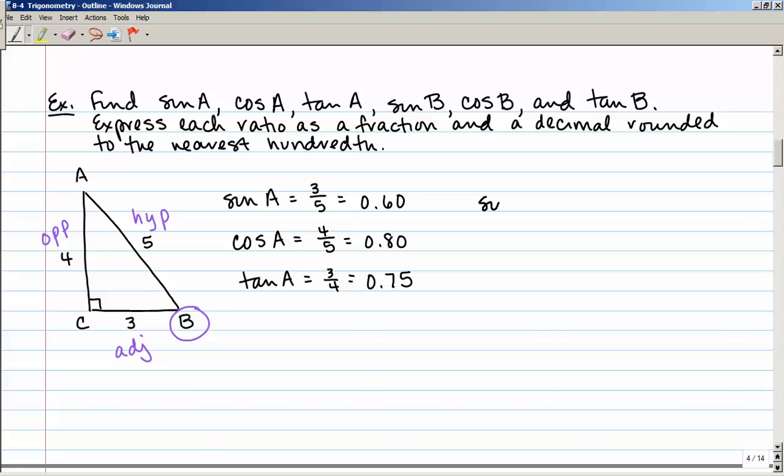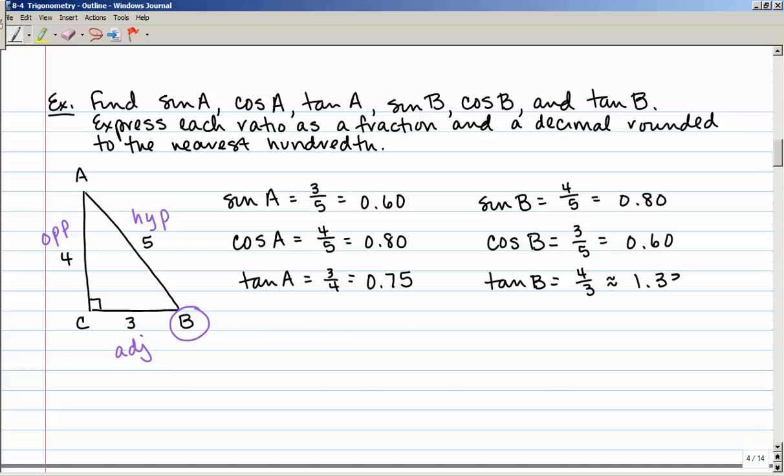So the sine of angle B is opposite over hypotenuse, which is 4 over 5, which is equal to 8/10. Cosine of angle B is adjacent over hypotenuse, which is 3 over 5, or 6/10. And the tangent of angle B is opposite over adjacent, 4 over 3, which is approximately equal to 1.33.